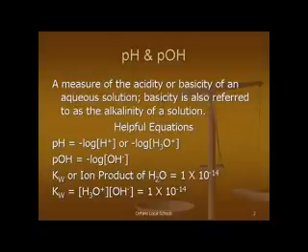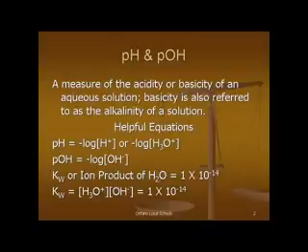So these are some helpful equations if you'll write these down, and as we go through this you'll see that pH is equal to the negative log of the H+ or H3O+ concentration. pOH is equal to the negative log of the hydroxide ion concentration.